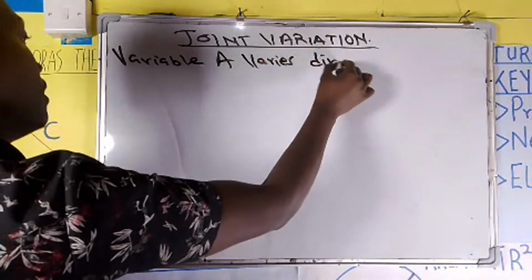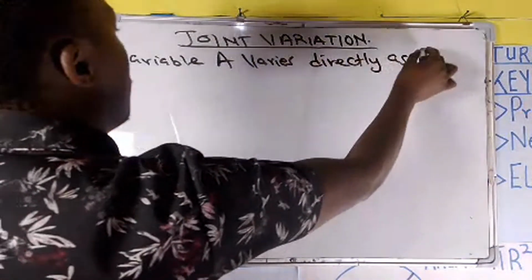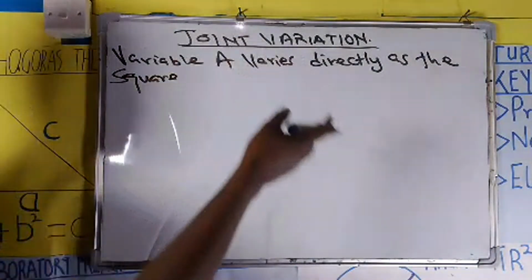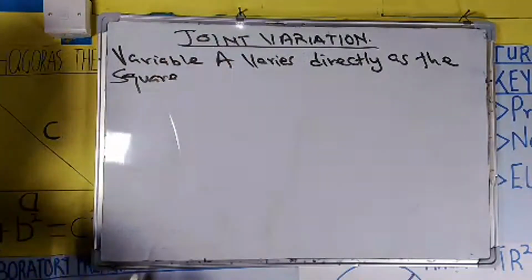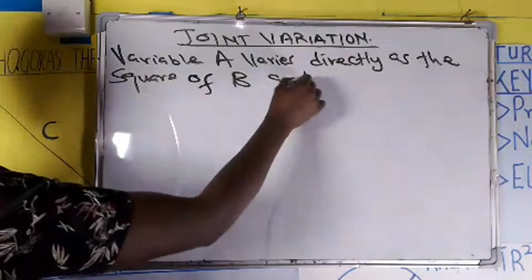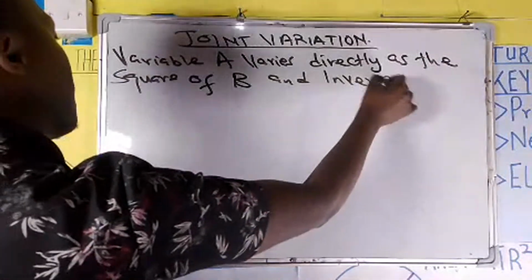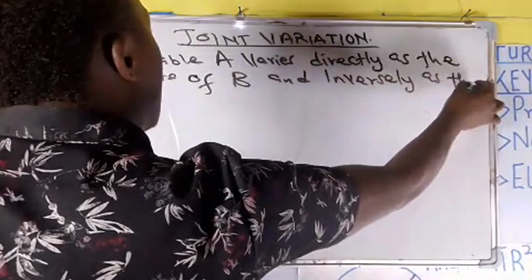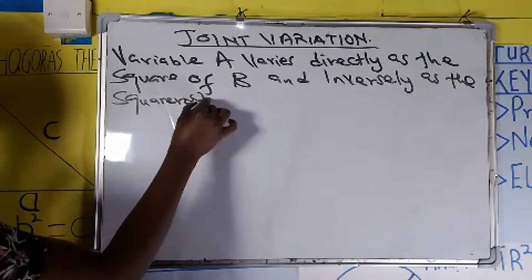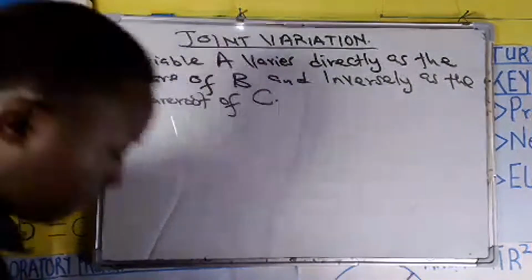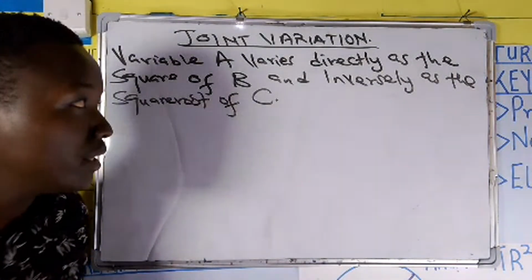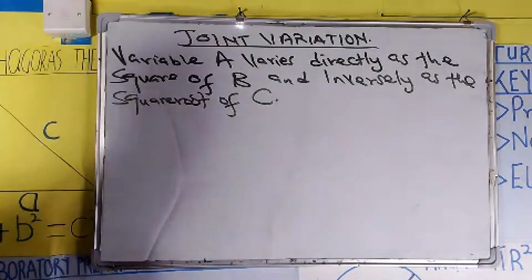Variable A varies directly as the square of B, and inversely as the square root of C.